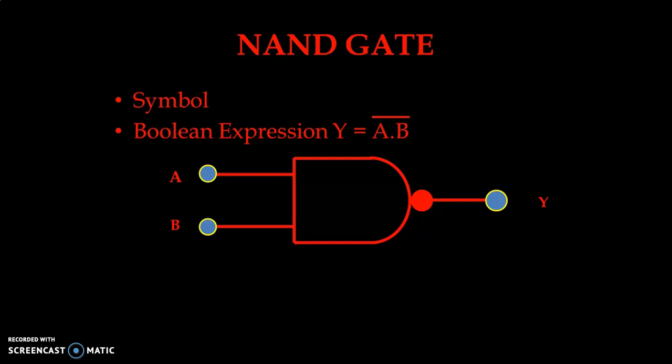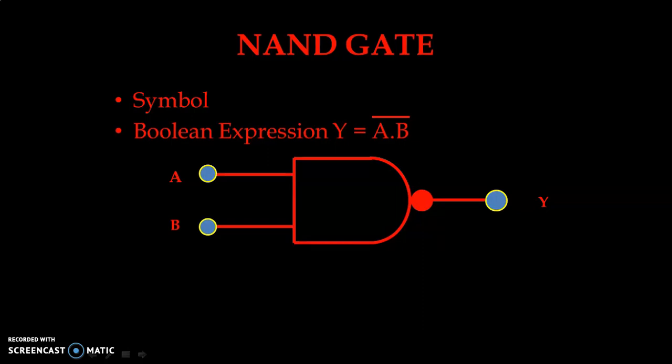We know the characteristic of the NAND gate is that it is an AND gate whose output is inverted. So we write A dot B, that is the Boolean expression for the AND gate, and we take the complement, that is for the NAND gate.